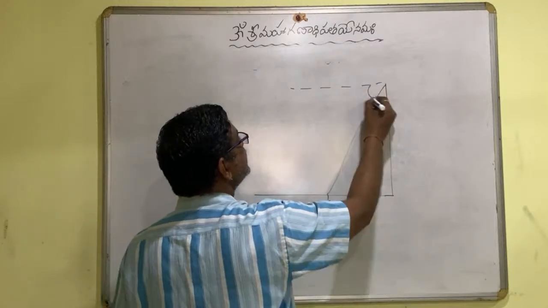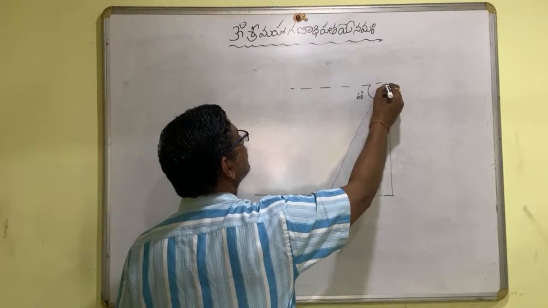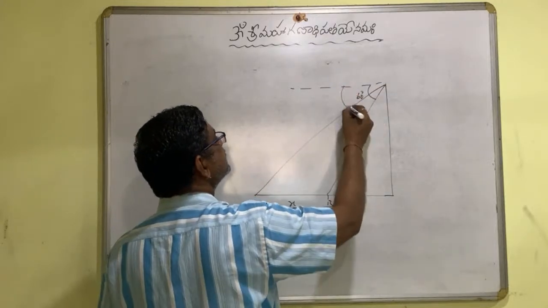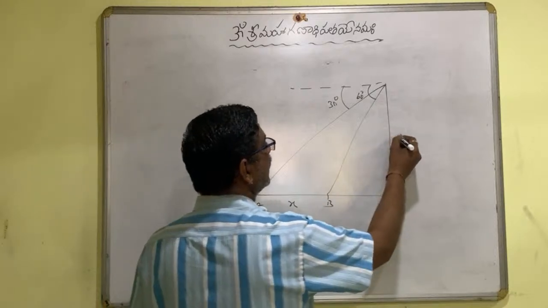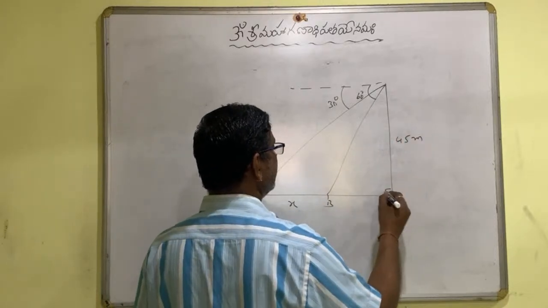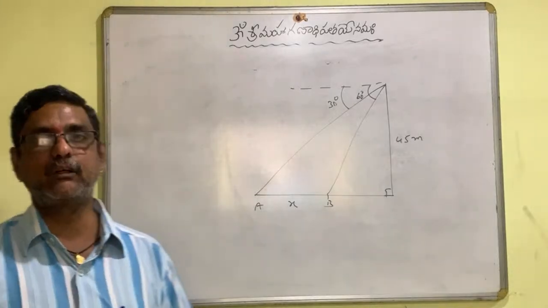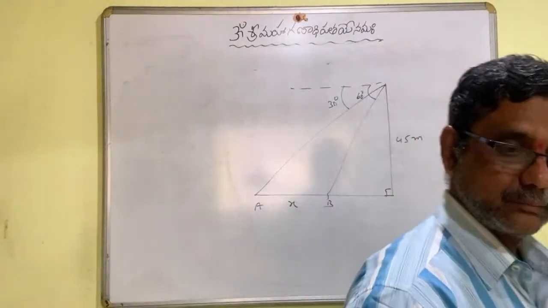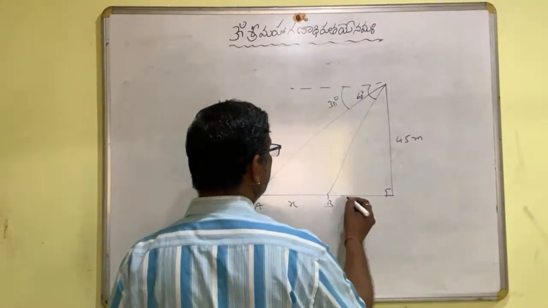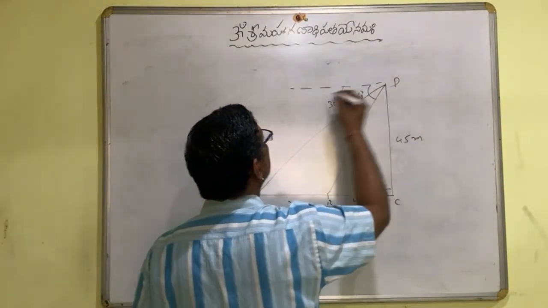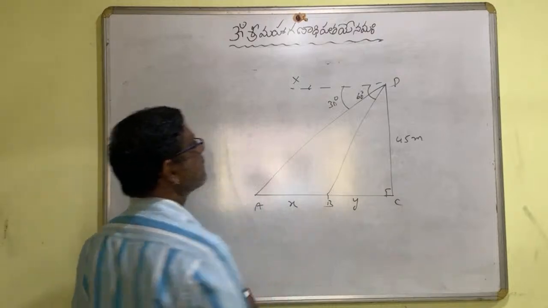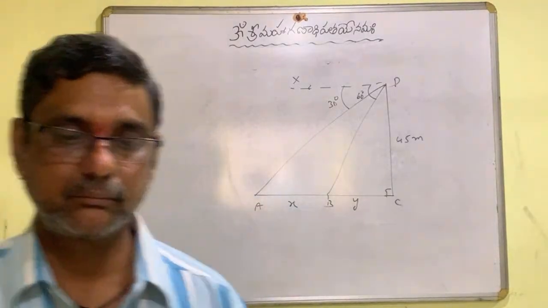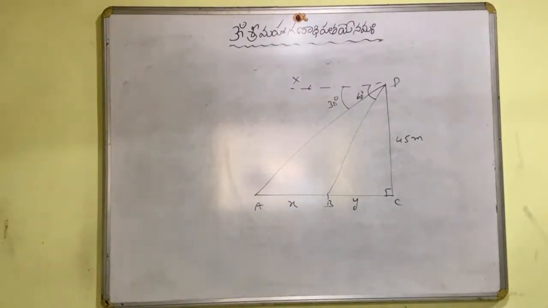This depression is 60 degrees and this depression is 30 degrees, and the height of the lighthouse is 45 meters, and he is asking to find out AB. Do it fast. Let it be y. Children, you have to find the distance between the two ships, x.